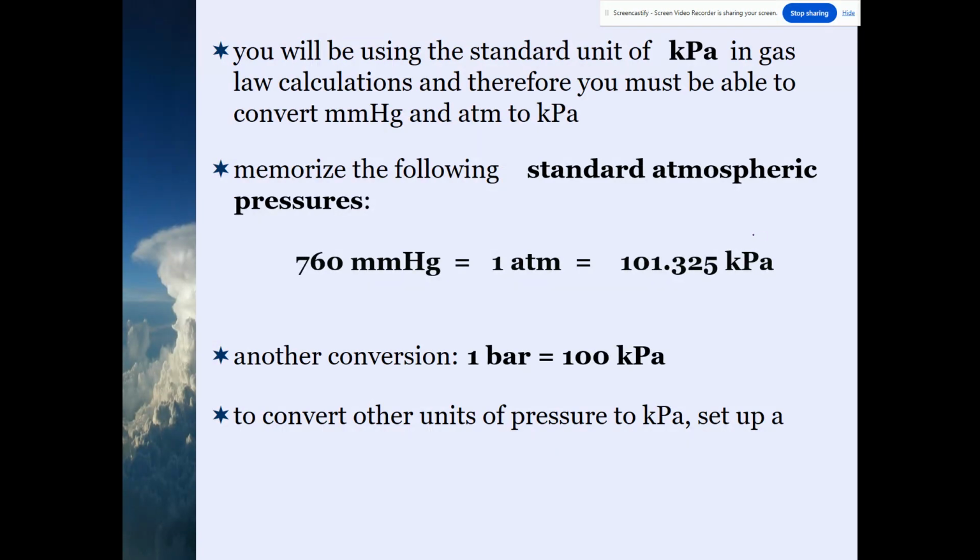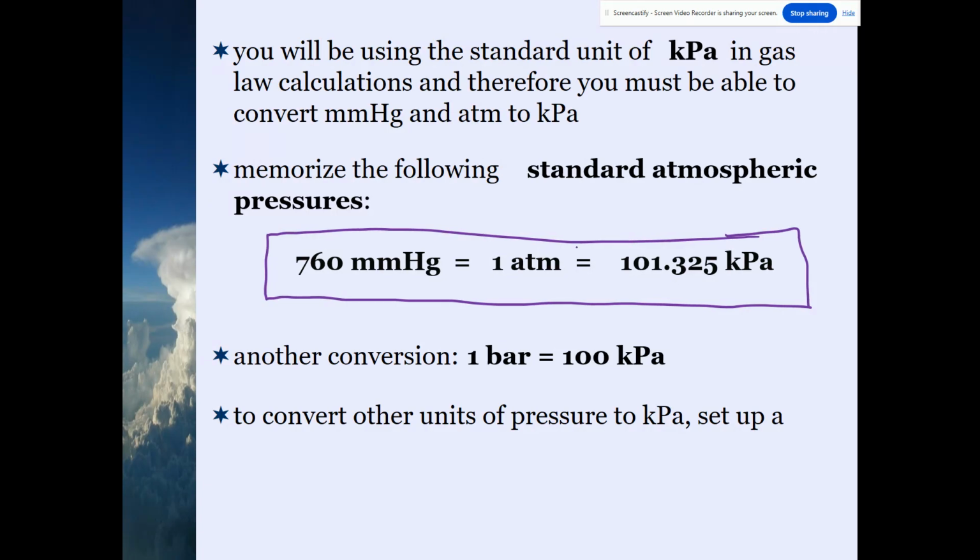Okay, so this is the first relationship. This is your standard atmospheric pressure. So saying again, at sea level, I have 760 millimeters of mercury. That's equivalent to 1 atmosphere and 101.325 kilopascals.